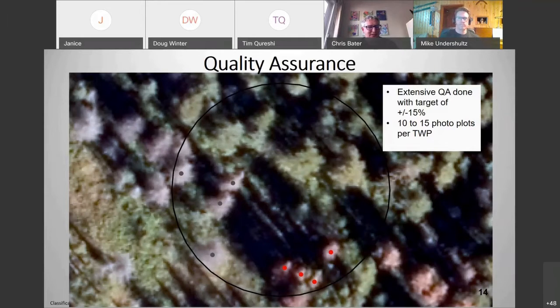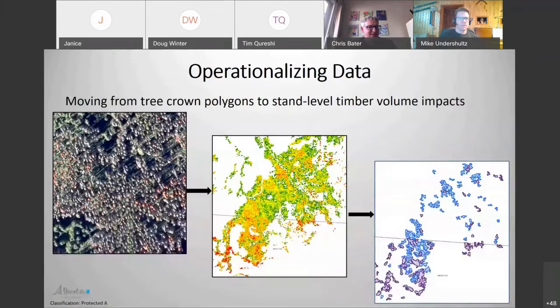And I believe Brooks mentioned the final number; overall, I think they were just minus 4% in terms of estimating the number of dead trees on the landscape. But yeah, every township went through this QA examination with these photo plots. And this photo plot is 50 meters in diameter. And so, Mike, I think it's back to you now.